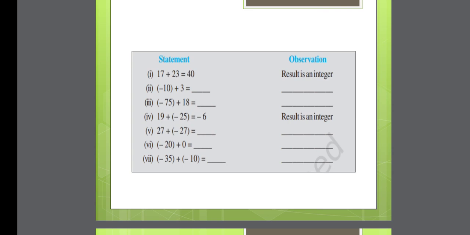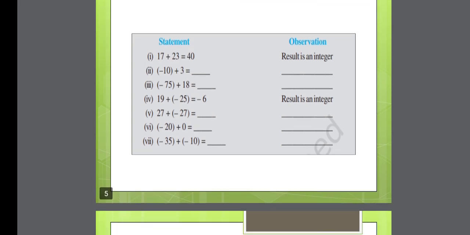Now if we add these, the result will be minus 7, which is again an integer. Third case, minus 75 plus 18. Again both of these are integers. If we find the result, it will be minus 57, which is again an integer.